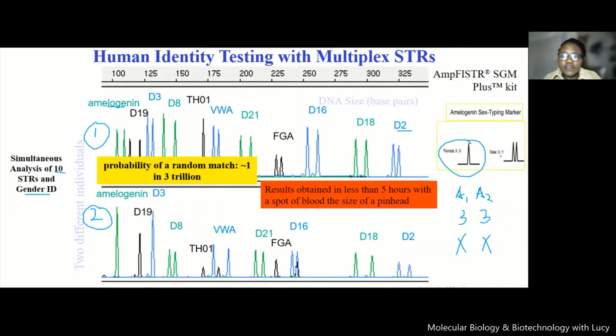So for the male, you get 2 peaks, that one for X and another one for Y. So you can tell from this one, the amelogenin, which is green, this is XY, and this is just X. So this is XX, okay? So this is a female and this is a male. So essentially, this is how your results will appear when you do a multiplex STR.